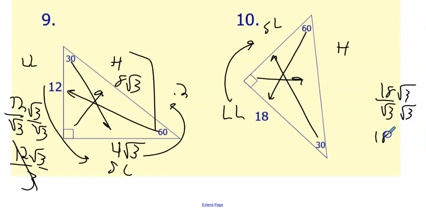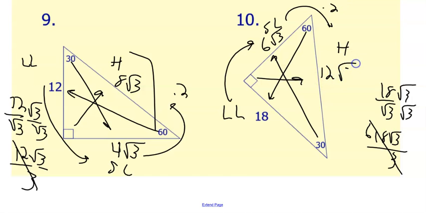So that's 18 radical 3 over just 3. And then we simplify. 3 goes into 18 6 times. So the short leg is 6 radical 3. And then we simply double here, and we just touch the outside number. The radical 3 stays the same.